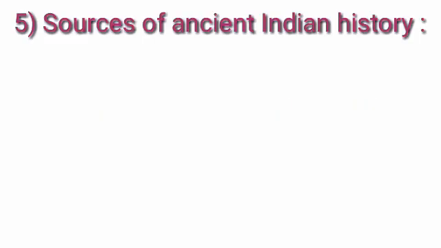The fifth point, sources of ancient Indian history. We have a large number of material, written and oral sources of ancient Indian history. Material sources are artifacts and structural remains.